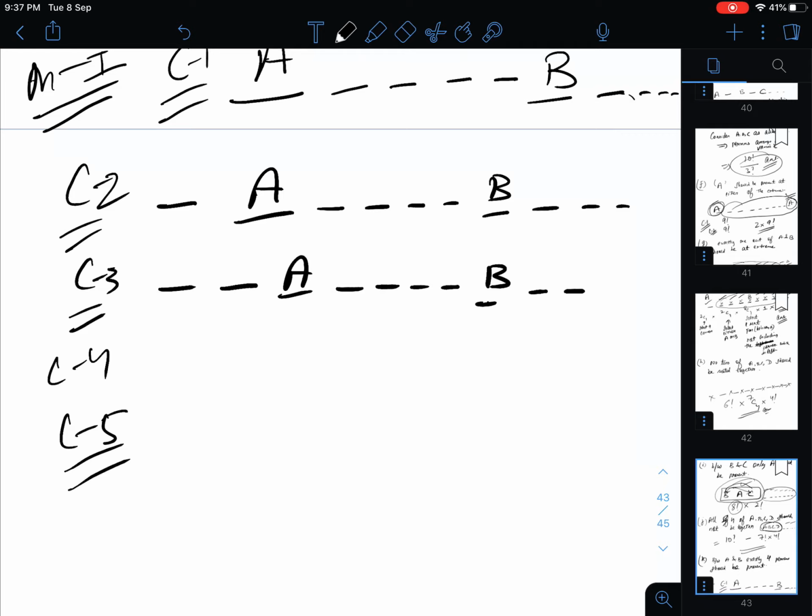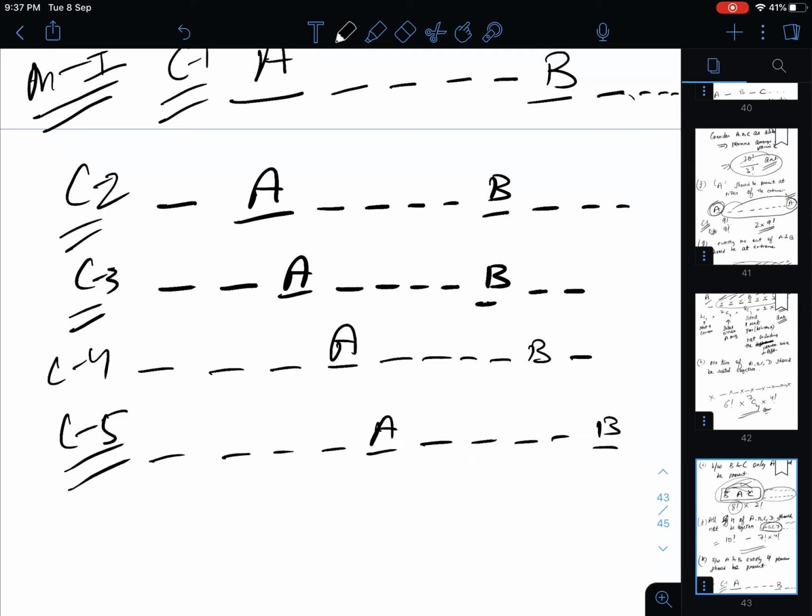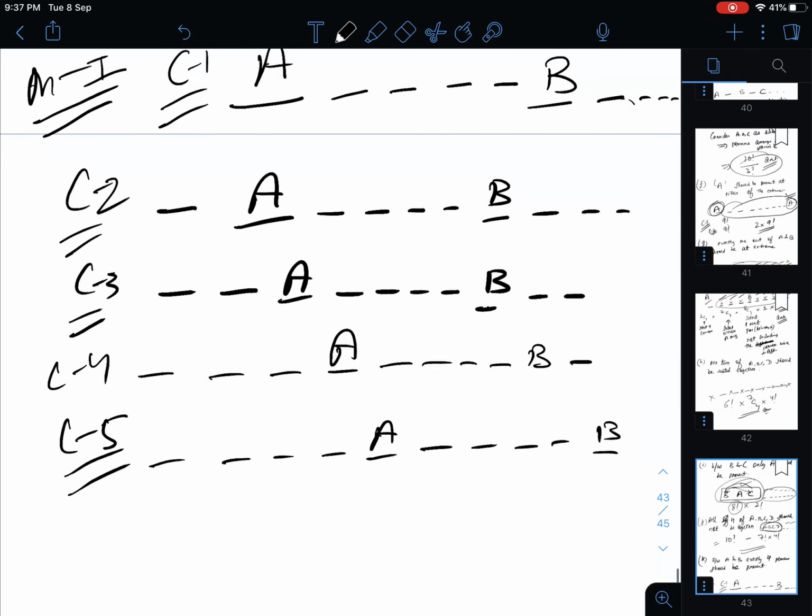Okay, in each case we have fixed the positions of A and B. So only 5 cases. Case 4 is A here, 1 2 3 4, B. So these are the only 5 cases which are possible.